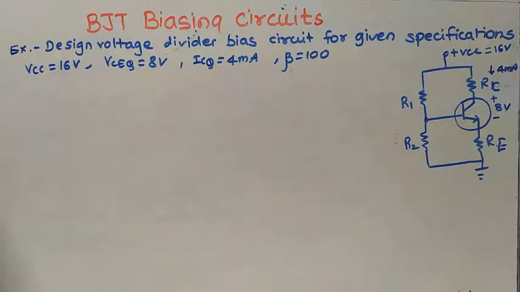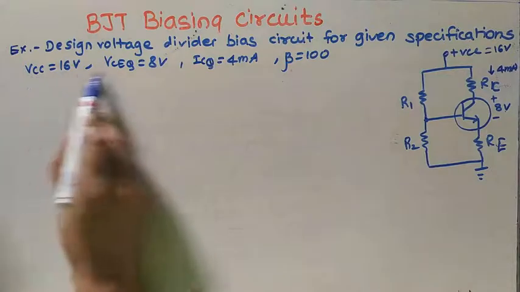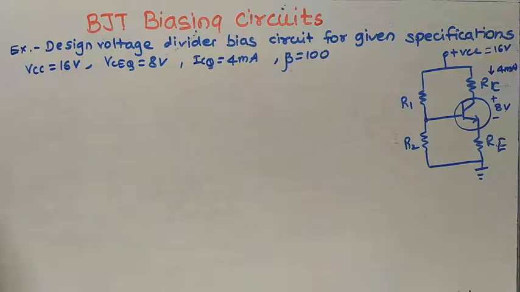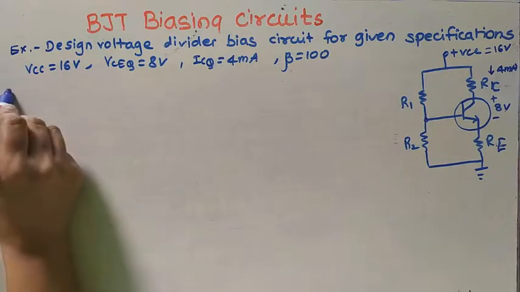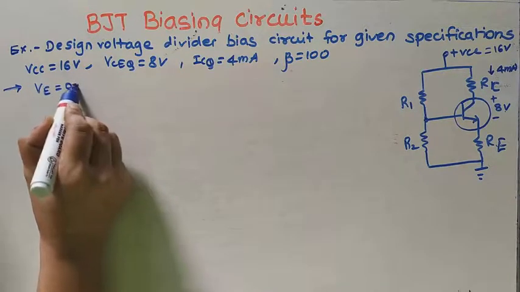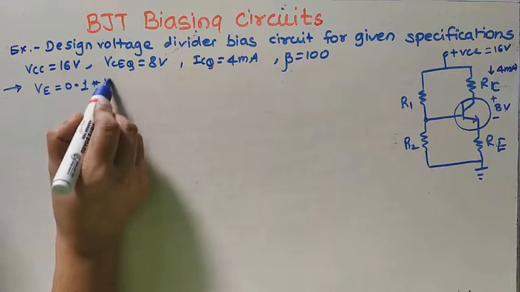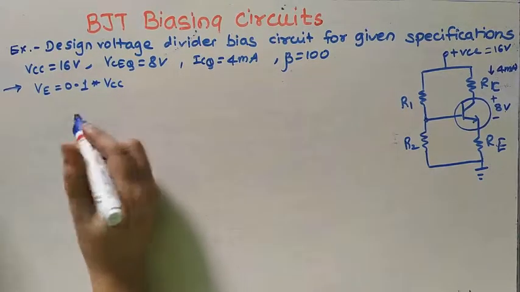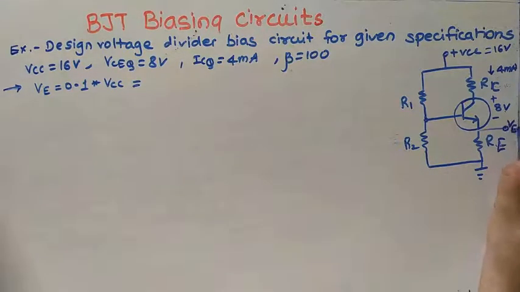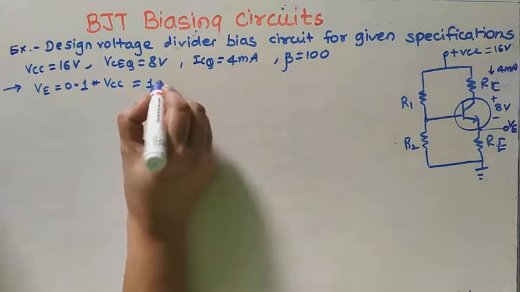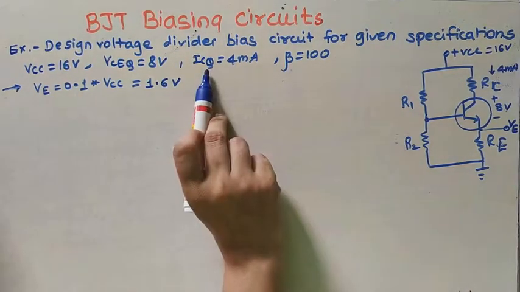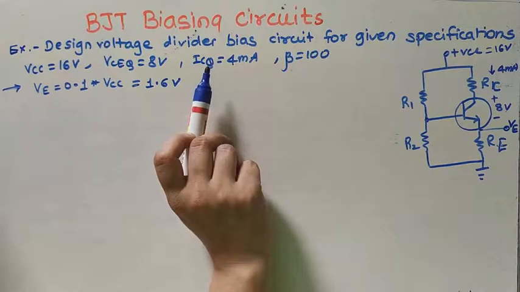With the help of the available values, we have to find out all the resistances in the network. First of all, we have seen that the voltage at the emitter should be 0.1 into VCC. Based on that, we get the emitter voltage VE equal to 1.6 volt, and we also have the value of IC. From that IC we can find out the value of IB.